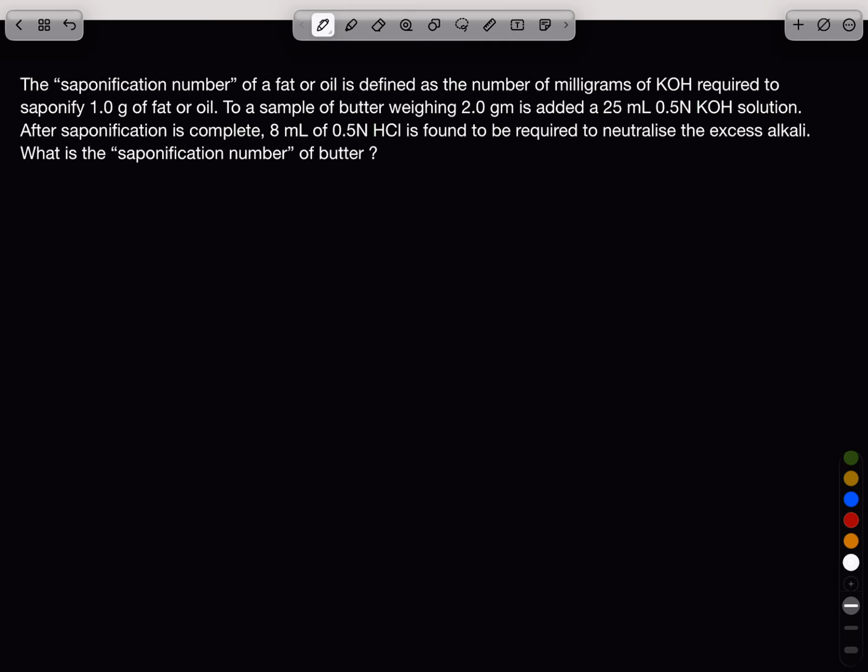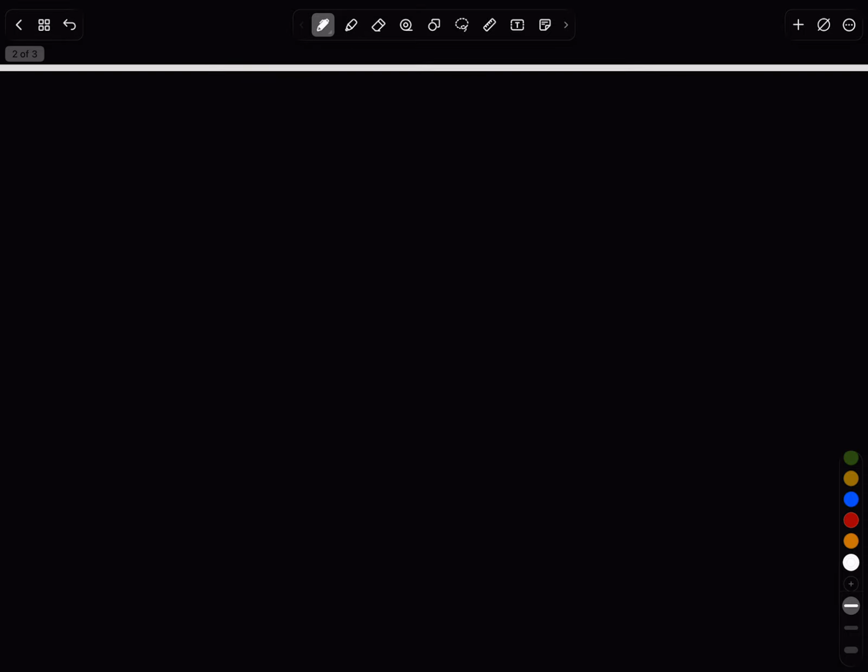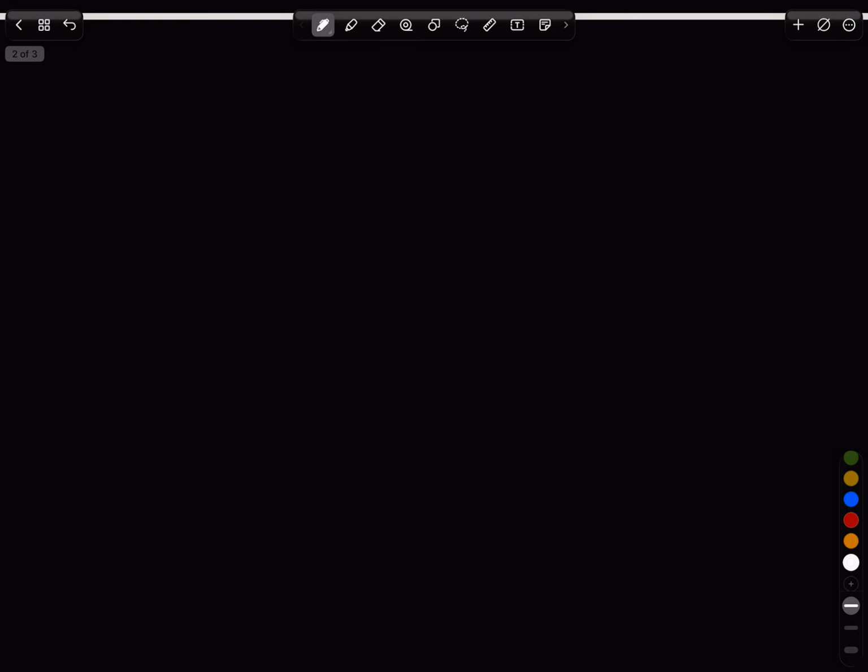To solve this question, let's revise some concepts which we are going to use, and I'm sure you have studied all these concepts while studying the chapter equivalent concept. So let's start revising those concepts. The first is how to calculate number of equivalent.